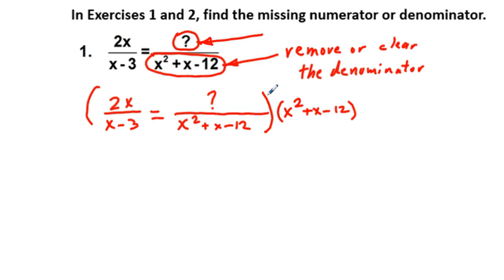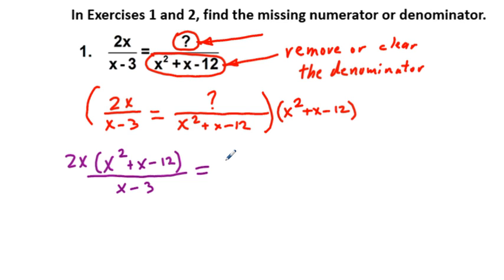And when we multiply everything inside of the equation by the quantity x squared plus x minus 12, we get, on the left side, 2x times x squared plus x minus 12 over x minus 3.